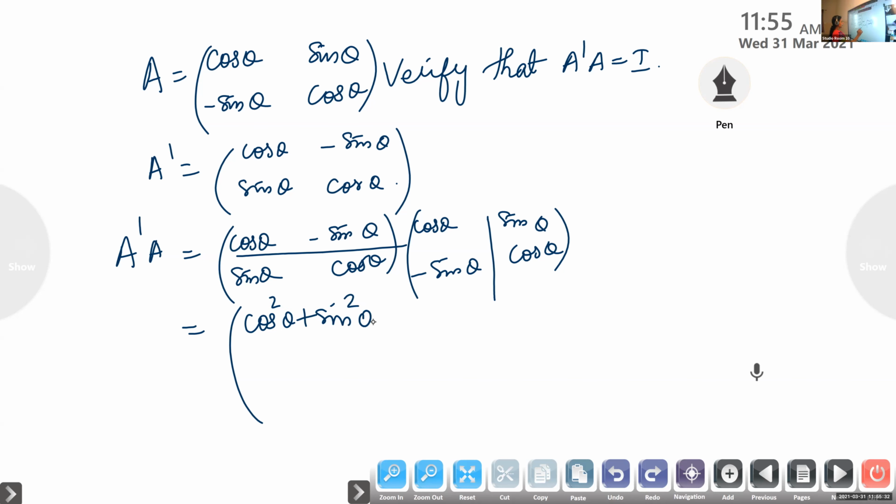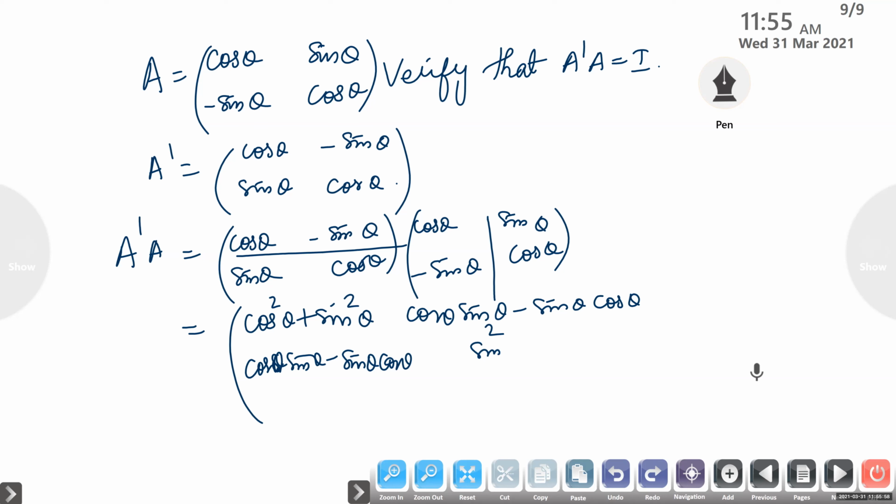Then cos theta sin theta minus sin theta cos theta, then sin theta cos theta minus sin theta cos theta, then sin square theta plus cos square theta. Now use the identity. What is sin square theta plus cos square theta? 1. So it is 1.